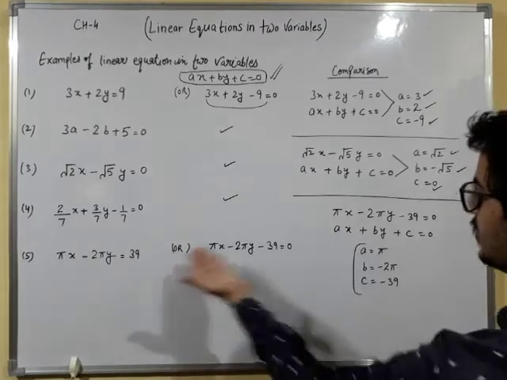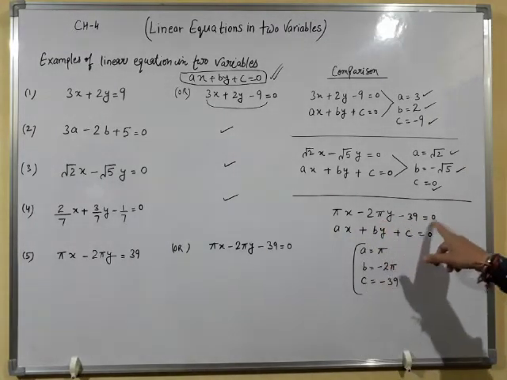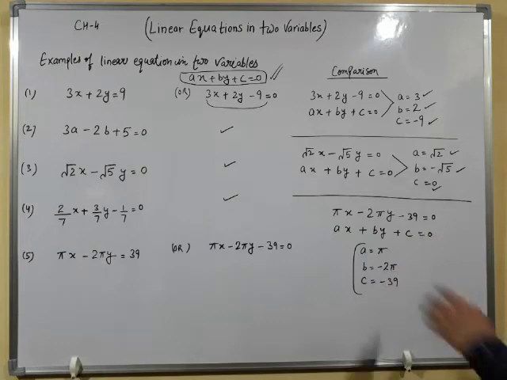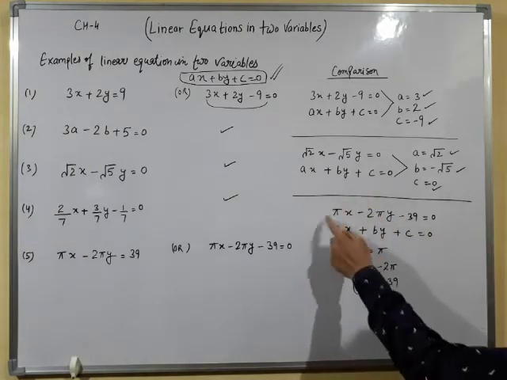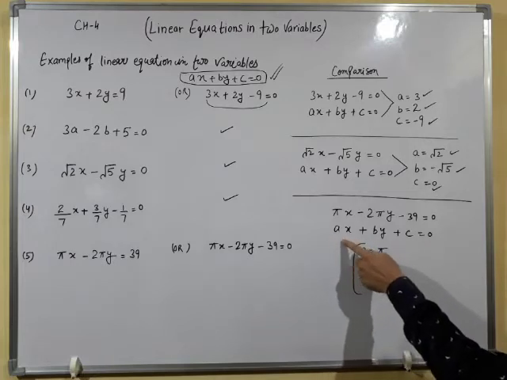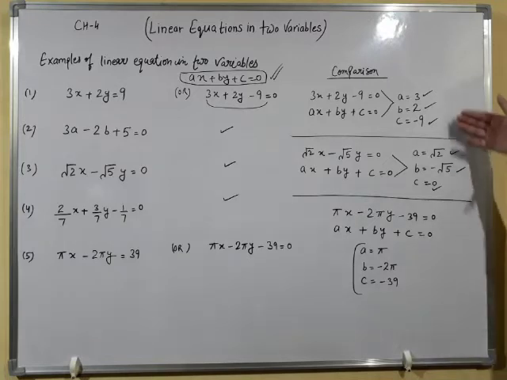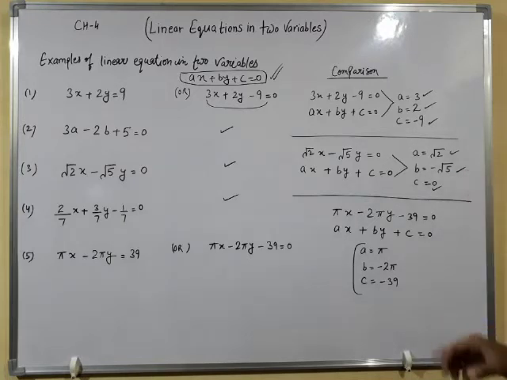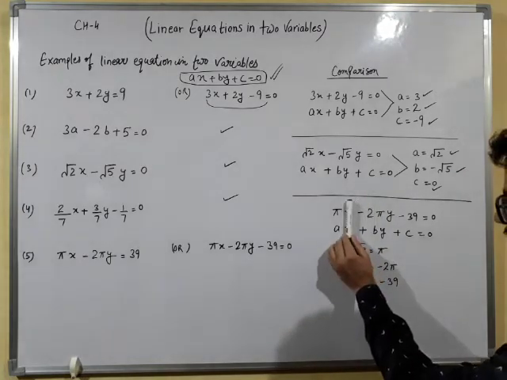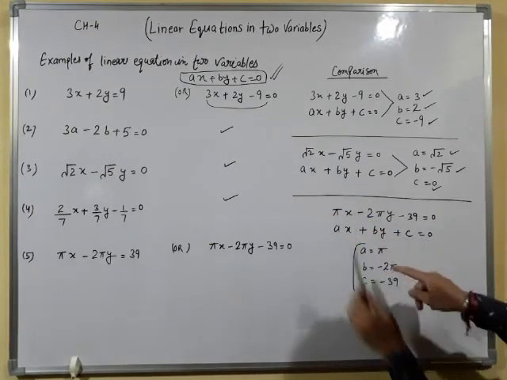Now we have taken the last example. Pi x minus 2 pi y minus 39 is equal to 0, and just below this equation we have written the standard form of linear equation in two variables, ax plus by plus c is equal to 0, and as we have done in these two examples, hide x, and after hiding x we get a is equal to pi.